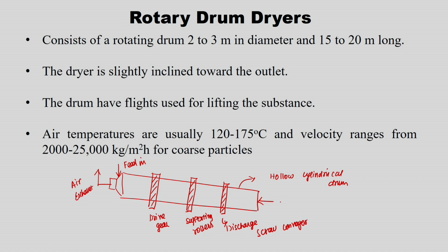So, your air enters here. Here we have a heating element which heats the air, and your solid is coming from the inlet in this way. It is a counter current flow. Okay. So, that is the way the solids get dried. This slanting helps with easy handling of solids from the inlet to outlet. So, here you will get dried solids.